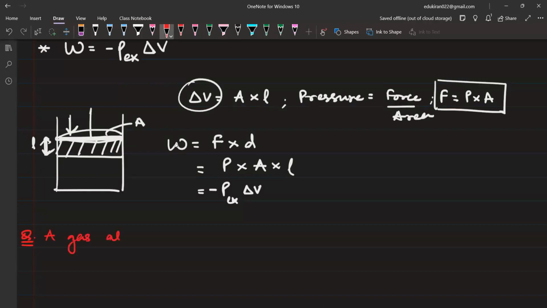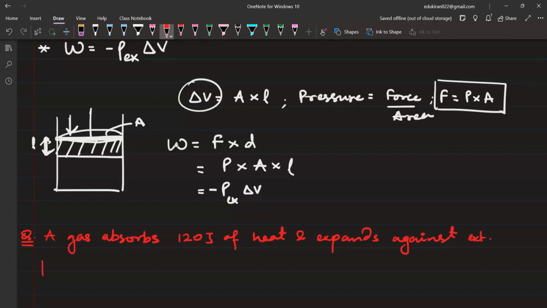A gas absorbs 120 joule of heat and expands against external pressure of 1.10 atm from a volume of 500 ml to 2 liters.